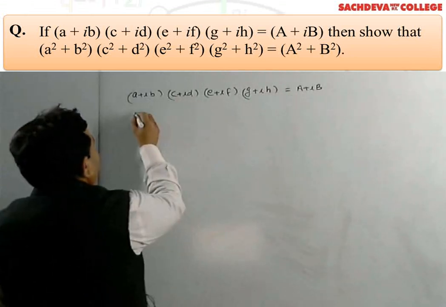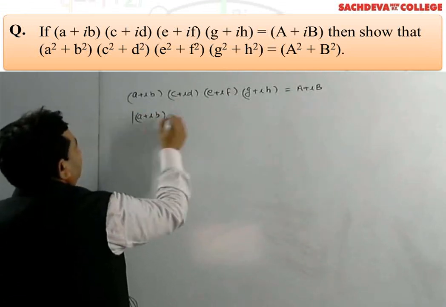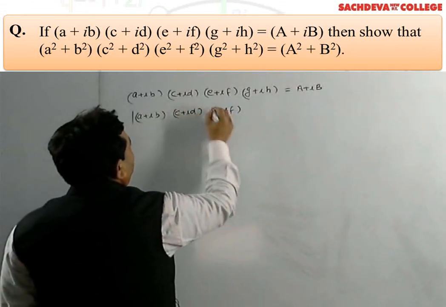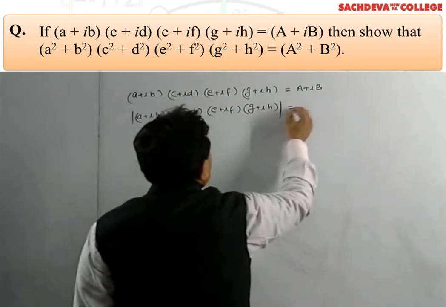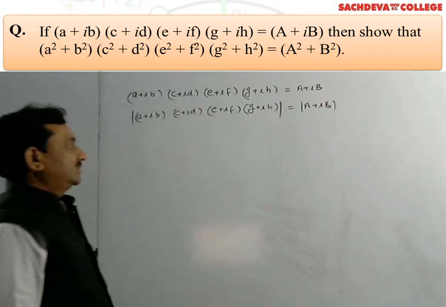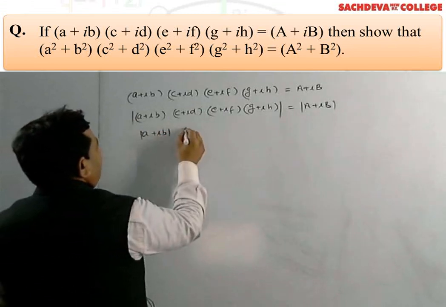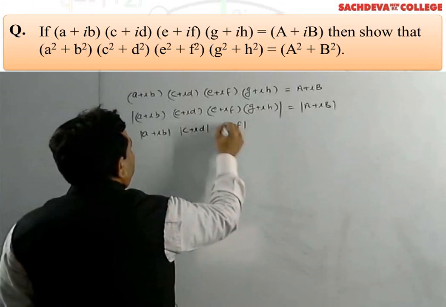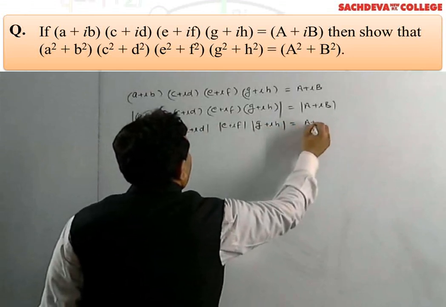Now taking mod on both sides, mod of a plus iota b into c plus iota d into e plus iota f into g plus iota h will be equal to mod of a plus iota b. So the left side will be equal to mod of a plus iota b into mod of c plus iota d into mod of e plus iota f into mod of g plus iota h, is equal to mod of a plus iota b.